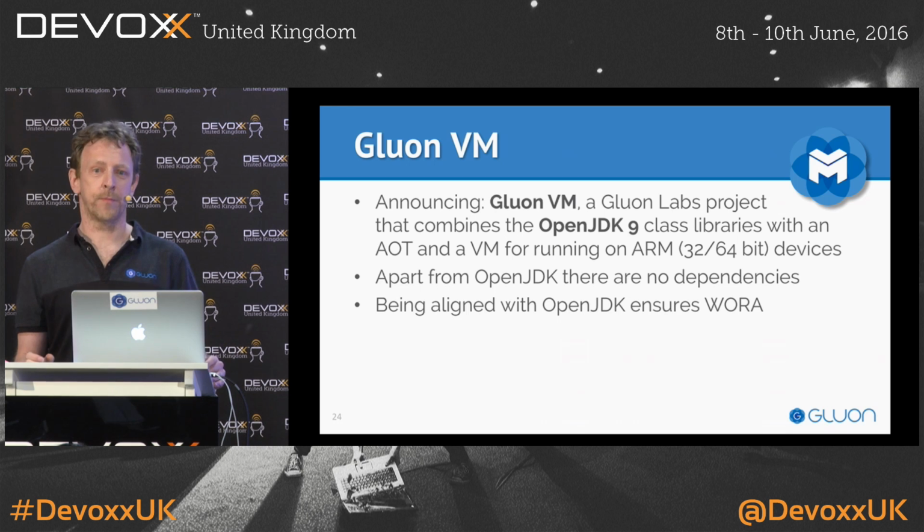We're using this OpenJDK 9 implementation for converting Java client applications onto mobile devices. So that also means that there are no external dependencies. We only depend on OpenJDK. We don't depend on RoboVM or on Harmony.